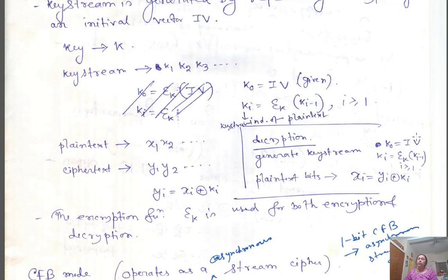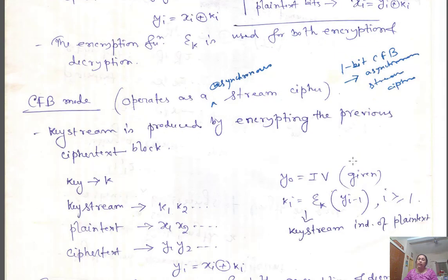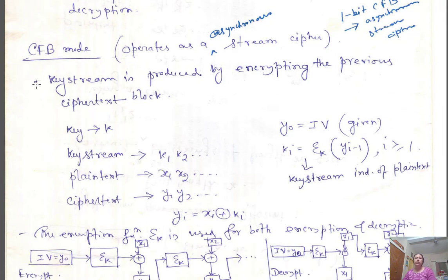OFB is synchronous because the key stream generation does not depend on the plaintext or ciphertext. It is derived using the key. But here in CFB mode, ciphertext feedback mode, it is using the ciphertext.